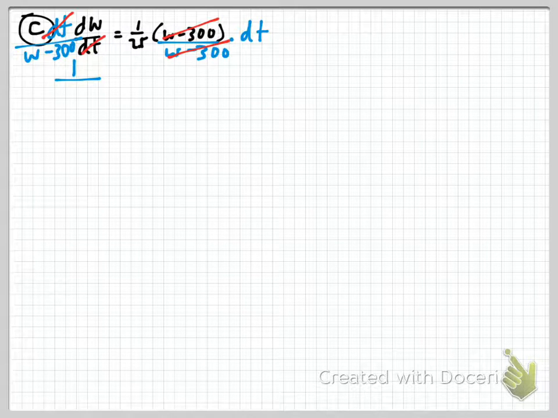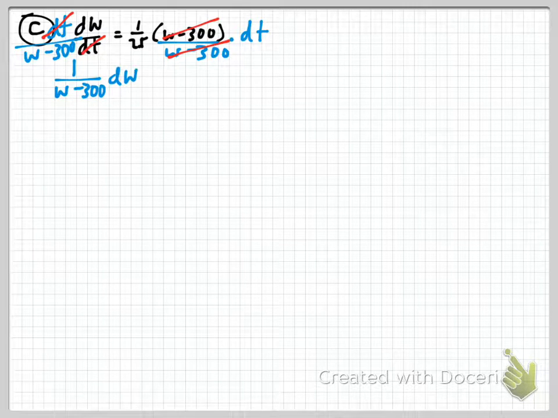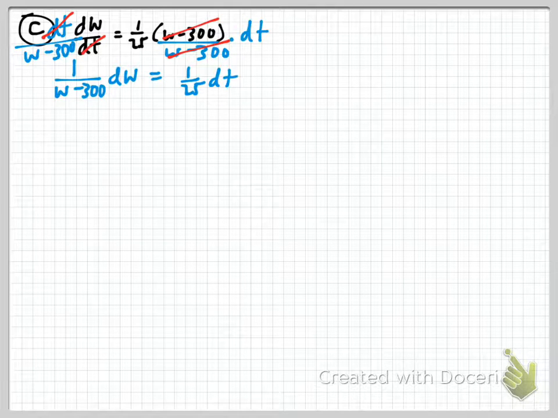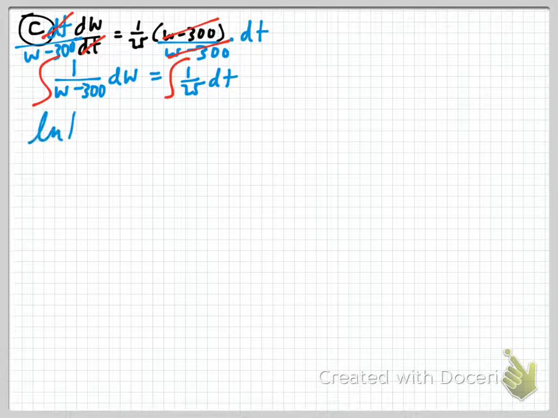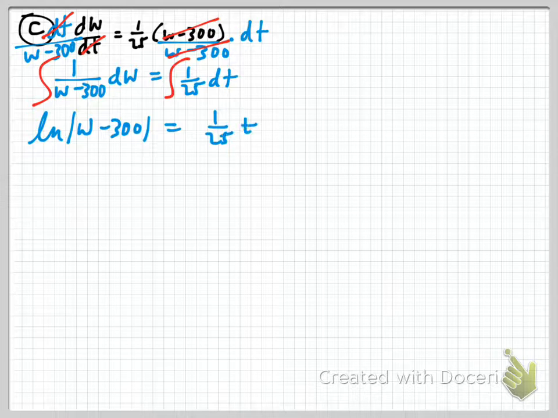So what we're left with is 1 over W minus 300 dW equals 1 over 25 dt. Okay, well, then we have to integrate both sides, just like we did in class on Monday. And when we integrate the left side, we get the ln. So we get the ln of W minus 300 equals 1 over 25 t, and then don't forget to add the plus c right now.